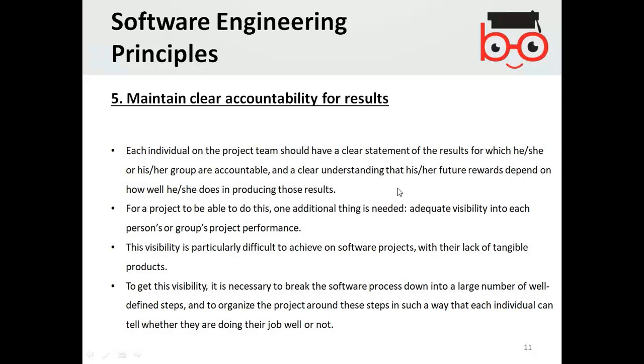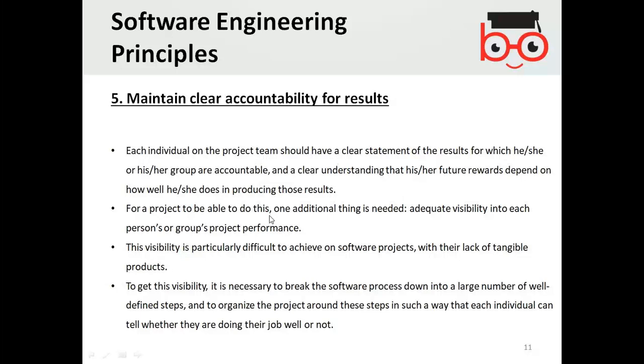So whatever components of the software are developed individually or in a group, they are responsible for the correct results. You should consider this accountability, for their own work or as a group.